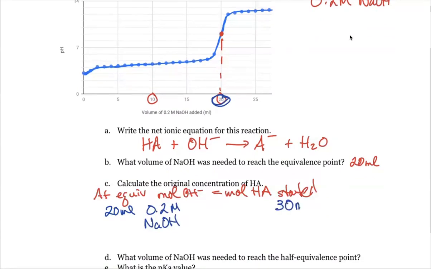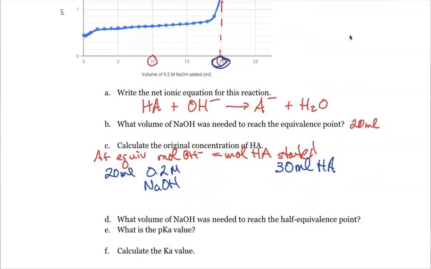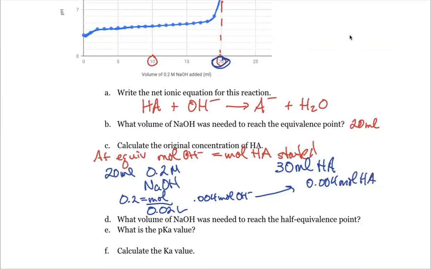At this point, we had 30 milliliters of HA. So I can find the moles of NaOH. 0.2 equals moles over 20 milliliters, which is 0.02 liters, giving me 0.004 moles of OH minus. The definition of equivalence means it's also 0.004 moles of HA that we started with.